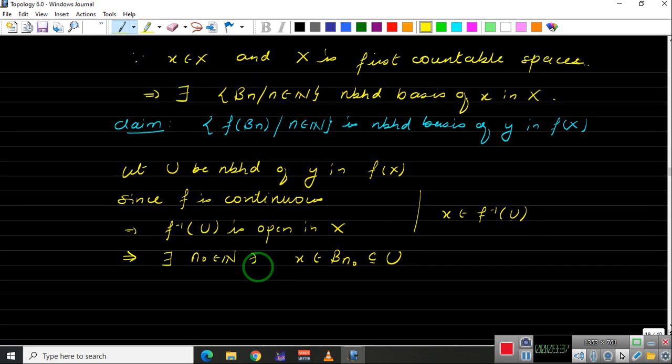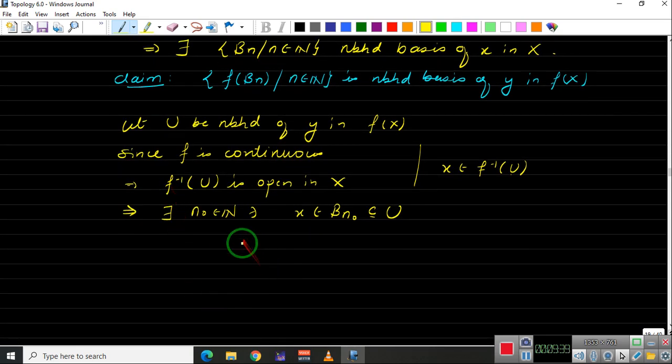So this implies f(x), which is nothing but Y. So Y equals f(x) belongs to f of Bn naught, and that will be contained inside f of U. Okay, so we have got a neighborhood U of Y, and we found an element of this form from this set such that Y belongs to f of Bn naught, and that is contained inside U.